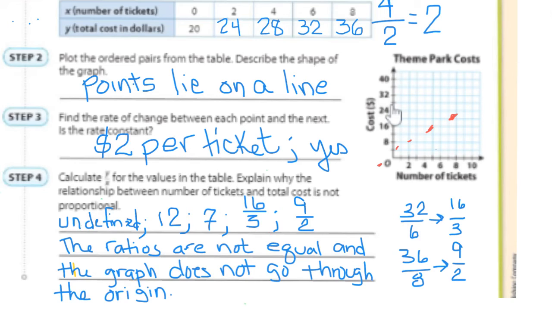So I can view where my points are, although this is pretty lousy because my points keep moving around. Okay, that's kind of where they were, but not really. So my points aren't moving with my page. Sorry about that. But I can see that it's not going to come through the origin. So that's another reason why it's not proportional.